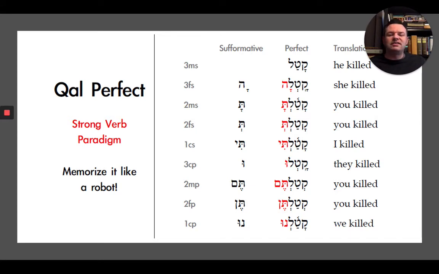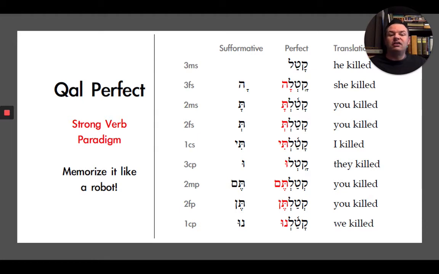So if you want to say he killed, you would say qatal. Qatal. And that is just the simple he killed. It's third masculine singular, meaning a singular male. And you're trying to state that in third person, he committed this crime, right? He killed. That's how you'd say it, qatal.